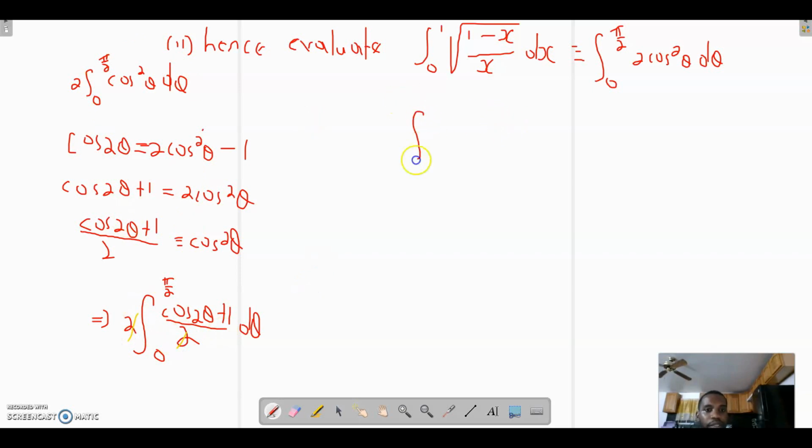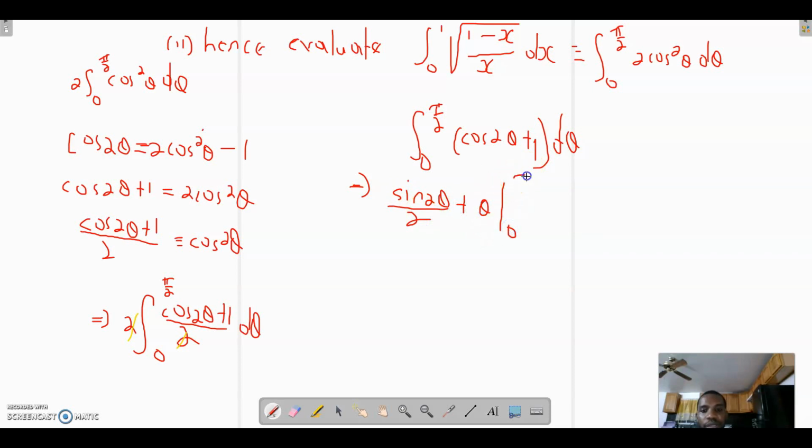So it becomes the integral between 0 and pi over 2 of cos 2 theta plus 1 d theta. Alright? Now when I integrate cos 2 theta, I'm going to end up with sine 2 theta over 2. And when I integrate 1, I'm going to end up with theta. The boundaries are 0 and pi over 2.